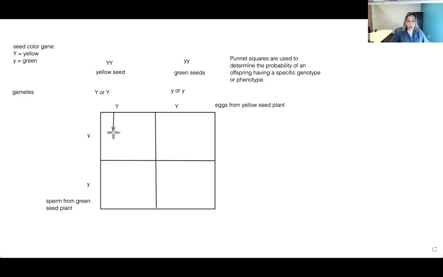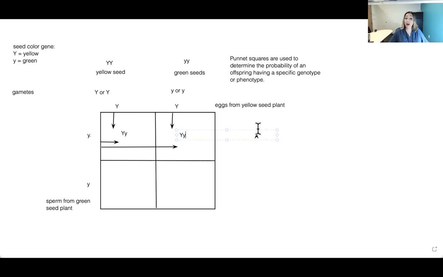You bring that big Y down, that little y over, and the genotype is big Y, little y, okay? So in the same way, you bring this gamete down, and then this gamete over, and you get big Y, little y.